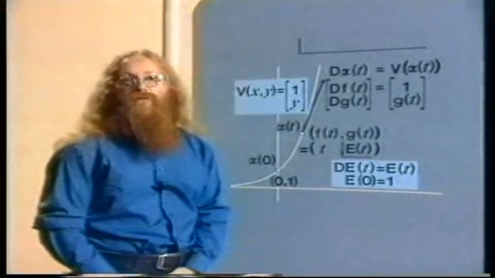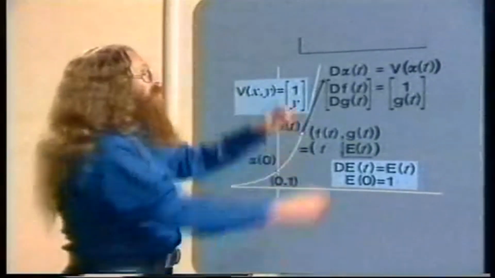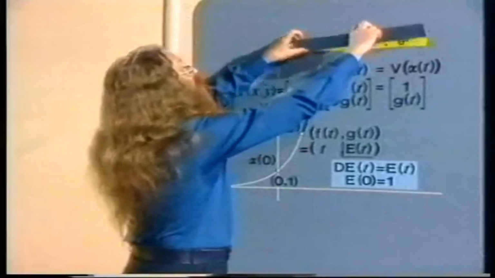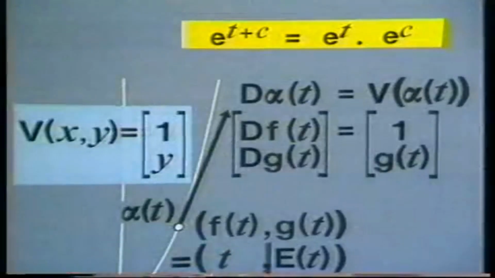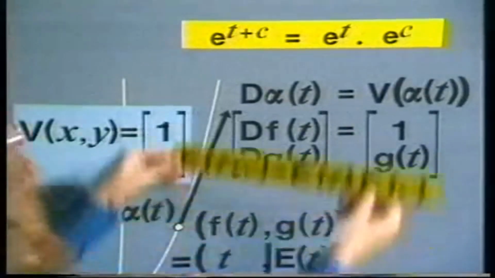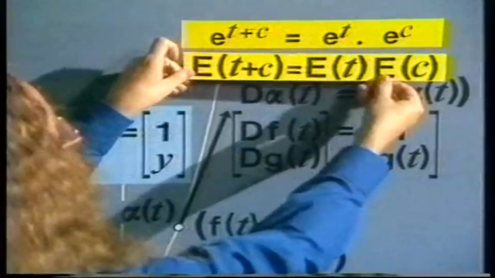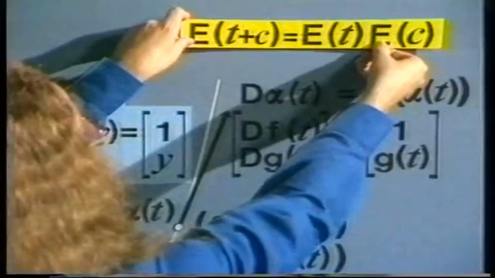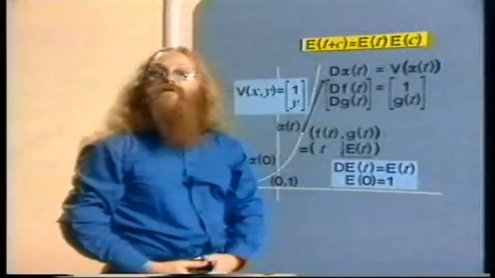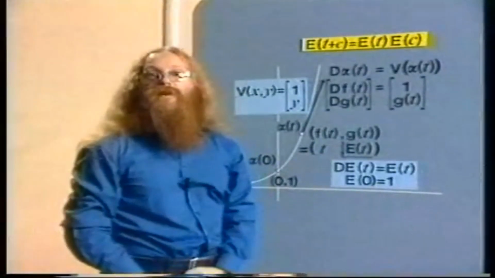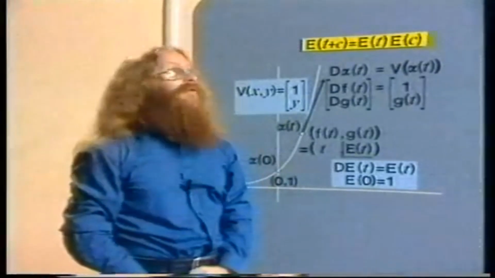Well, what other results have we been assuming? A really fundamental result is the law of indices. So we're going to need an equivalent form for capital E. And here it is. And it's the proof of this that's going to take up the main part of the rest of the program.